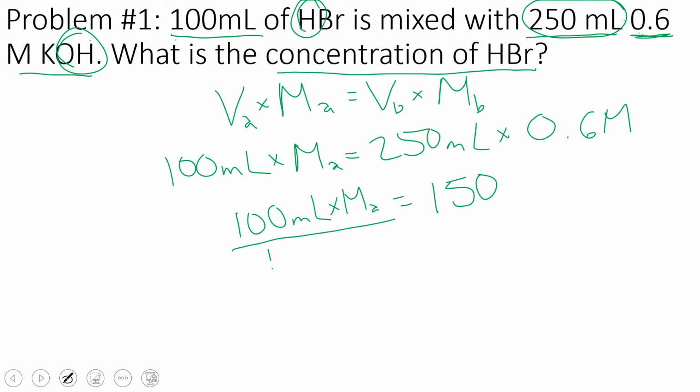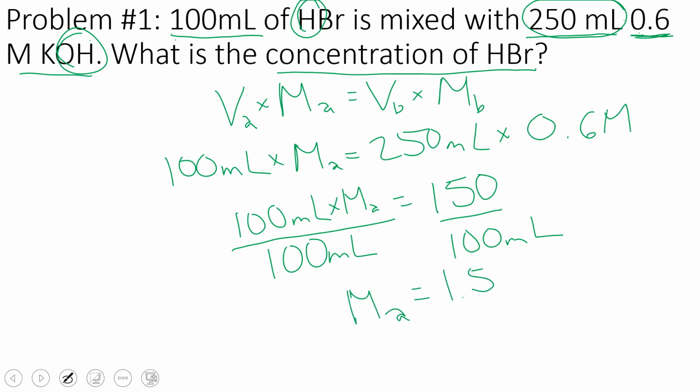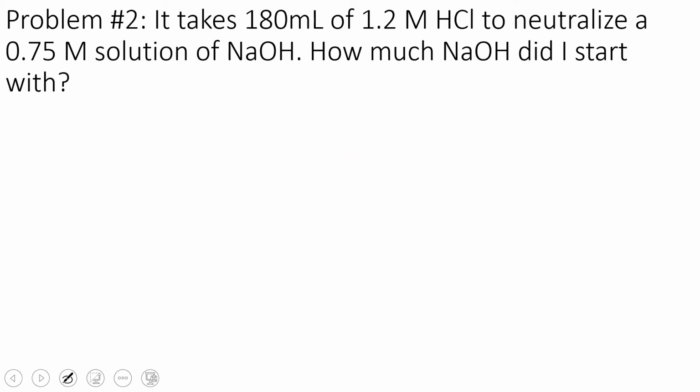So I'm just going to finish getting that molarity of the acid by itself by dividing by 100 milliliters, right? So 150 divided by 100 is going to give me a molarity of the acid of 1.5 molar, right? So that's our first problem. I'll try and go a little slower with the next one.